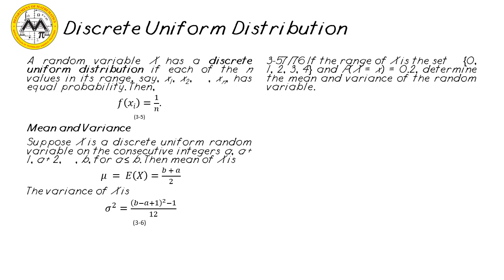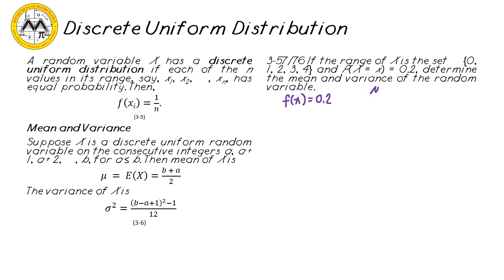So we are given f of x is equal to 0.2, which is 1 over 5, consistent with the 5 values of x, 0, 1, 2, 3, and 4. The probability of x equal to x is 0.2.